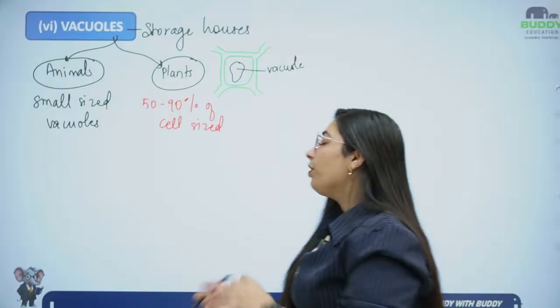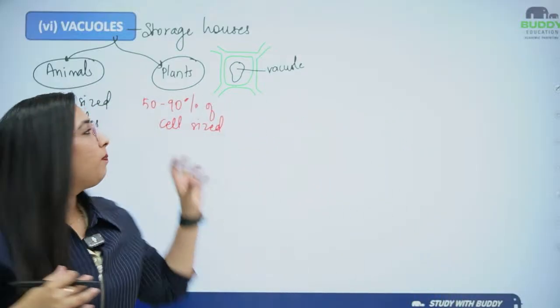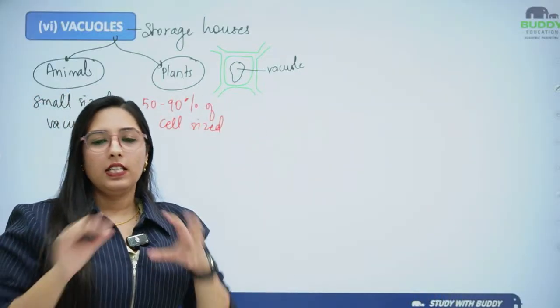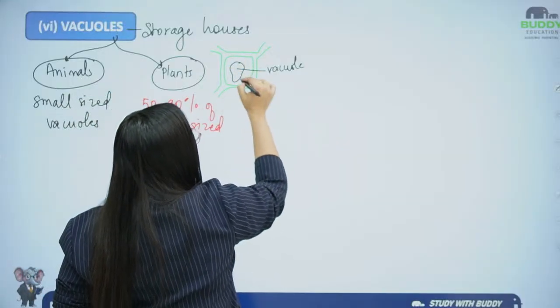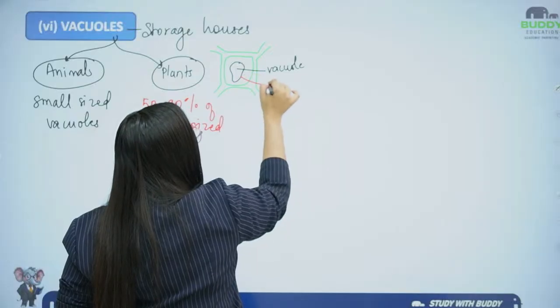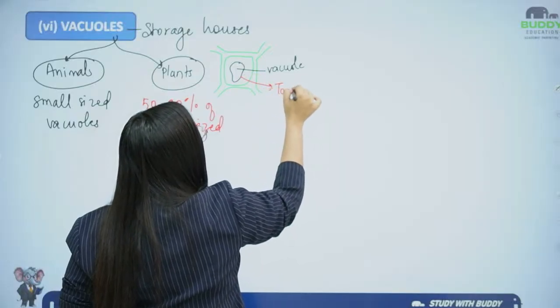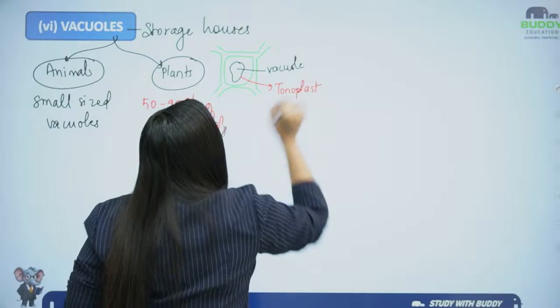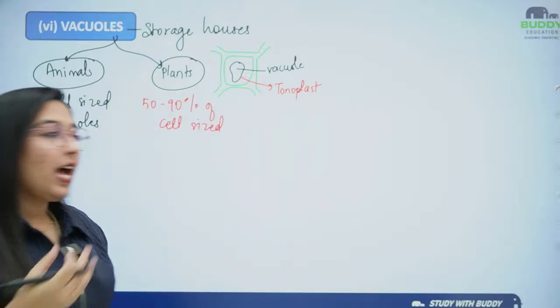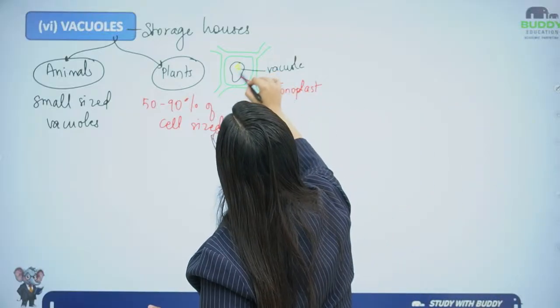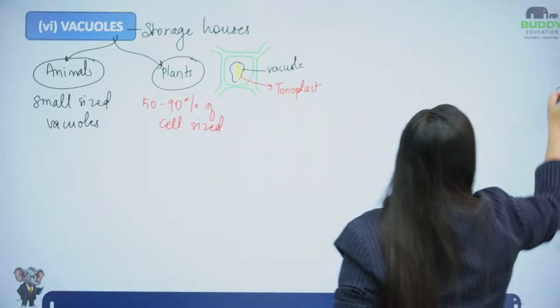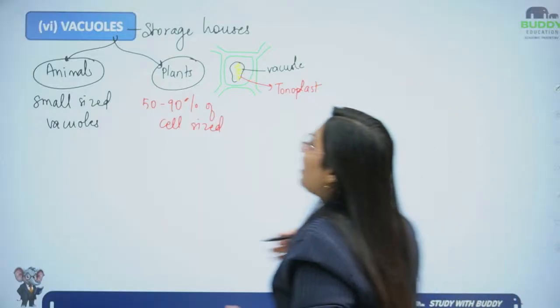Okay. Moving to the plant cell, the vacuole of the plant cell is basically a single membrane structure. So this vacuole is a single membrane structure, and the membrane of this vacuole is known as the tonoplast. It has some liquid filled inside it, and that liquid is known as cell sap.